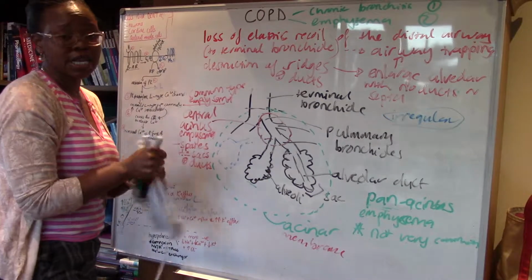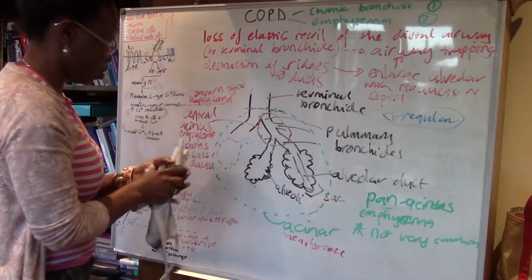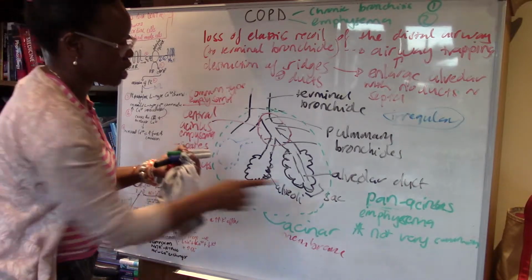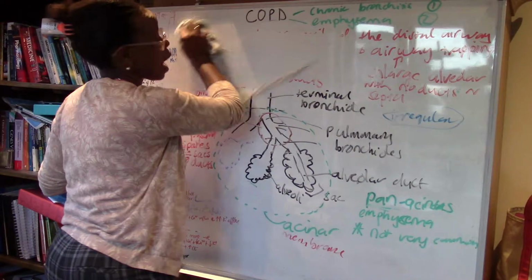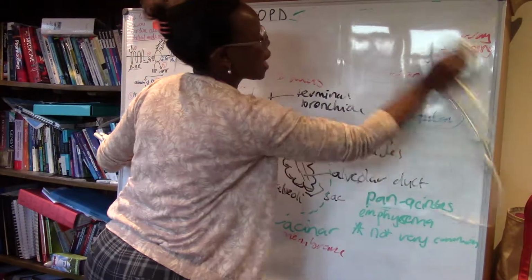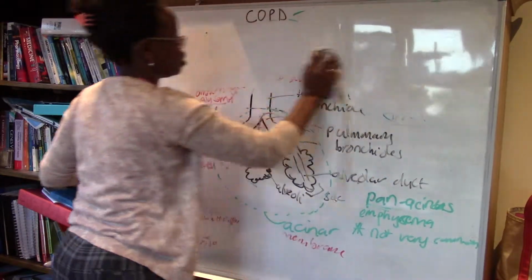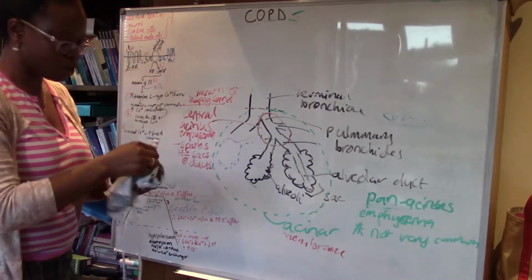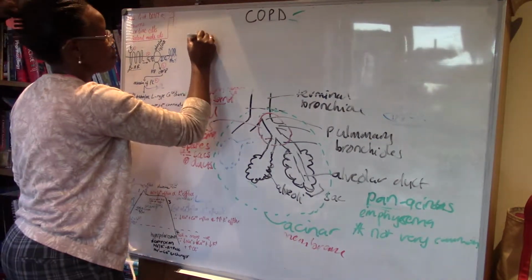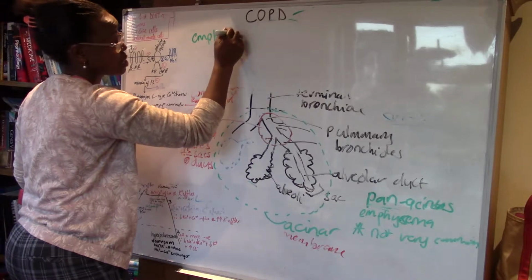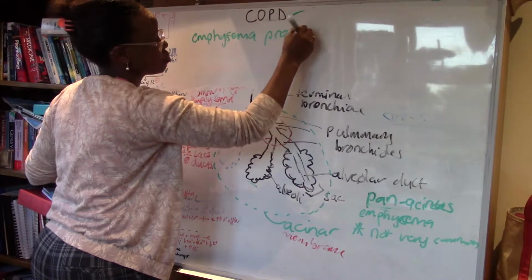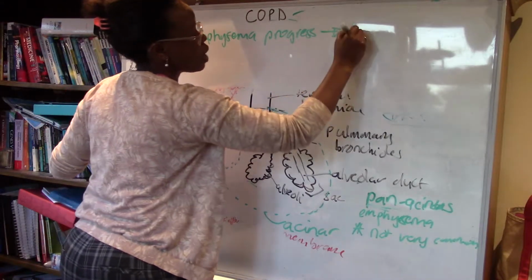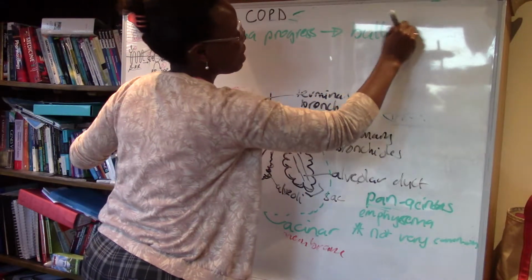And usually the panacinar type is seen in people with alpha-1 antitrypsin deficiency. As emphysema progresses, it doesn't matter what type, progression leads to bullae formation in the lung.